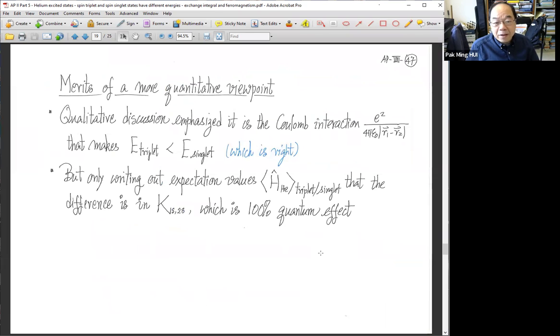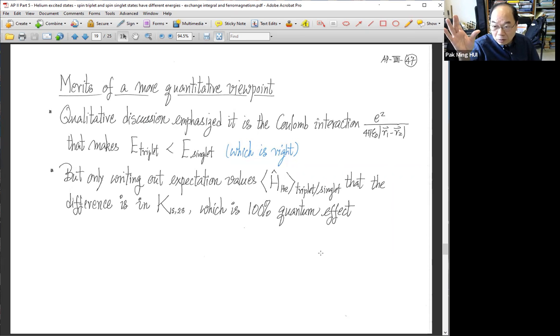So now, we have to appreciate what we did. The first thing was qualitative. We just said, let's look at some common sense of a spatial wave function. But then we have to do something more quantitative, as we just did. I haven't done the whole thing for you, but at least the main physics is already brought out. So doing this, we have one appreciation of nature.